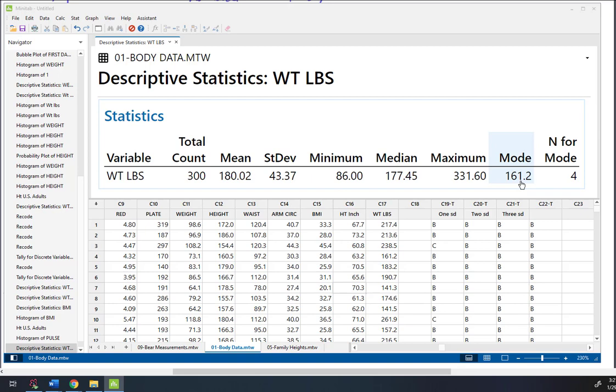So 4 people tied for weight at 161.2, and that was the most coincidence we had in weight, making that number the mode. And that number doesn't look very much like the median or the mean, so I don't know how useful that would be for us, but certainly in this course we define the mode. You know what it is and you know how to find it, even if we don't use it very much.